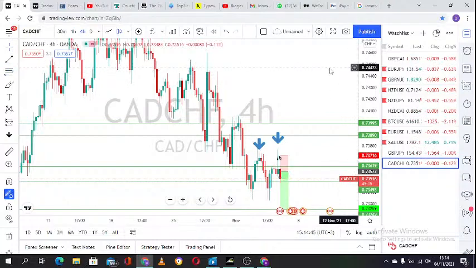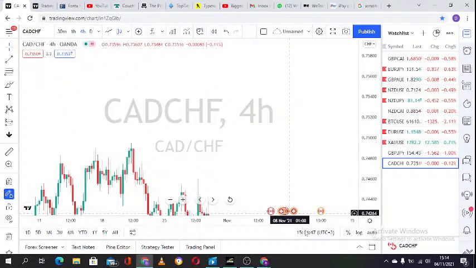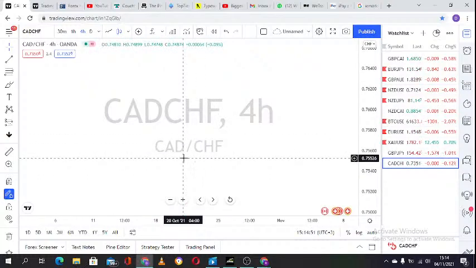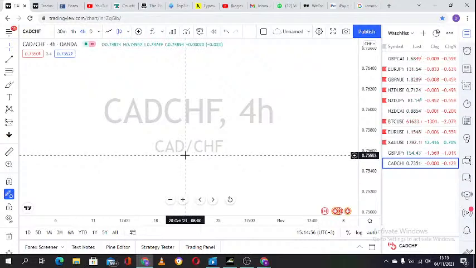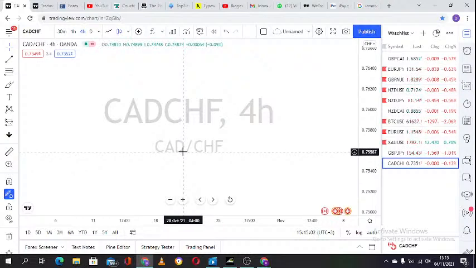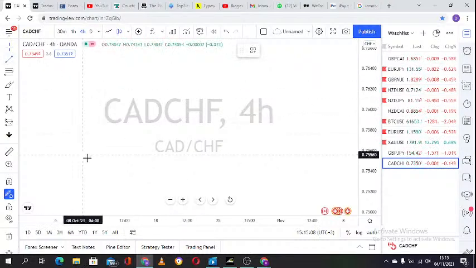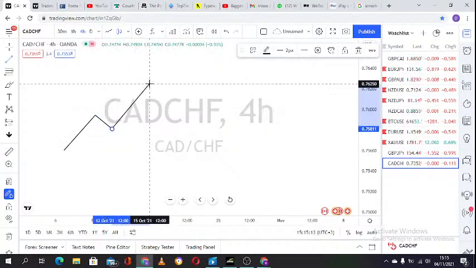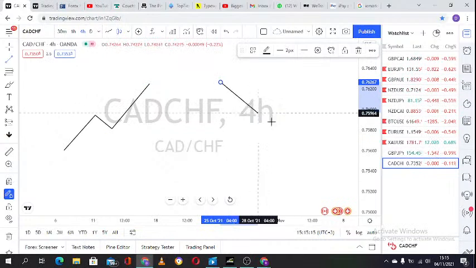Some use it to spot their normal support and resistance. Some use it from their daily swing high to daily swing low, and see where price is going to go from there. There are multiple strategies for this Fibonacci tool, but for me, it's just a confirmation tool.